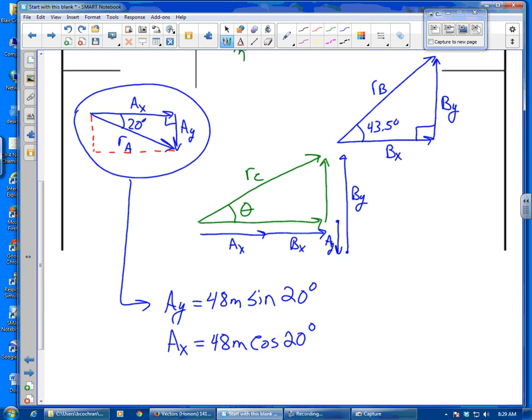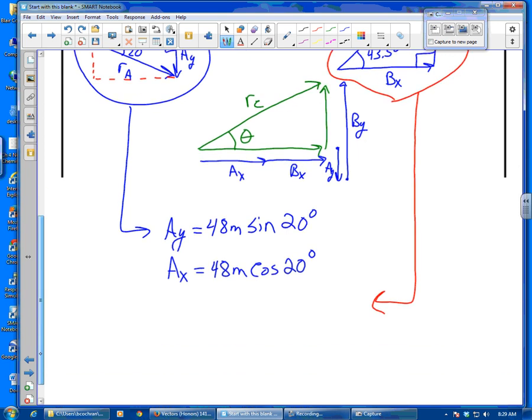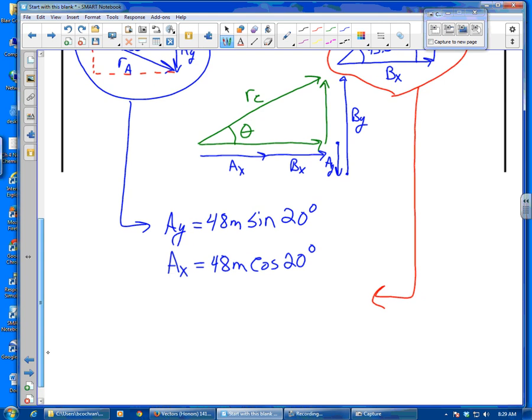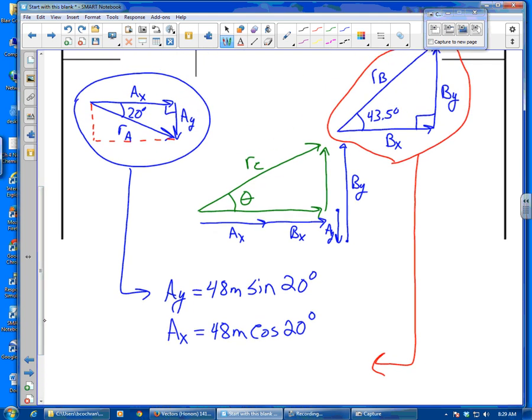Ready to do B's? Let's do B's. So in B's, I have 75 meters, right? My BY is opposite the 43.5. So I get BY equals 75 meters, that's the length of my RB, opposite is sine of 43.5 degrees.